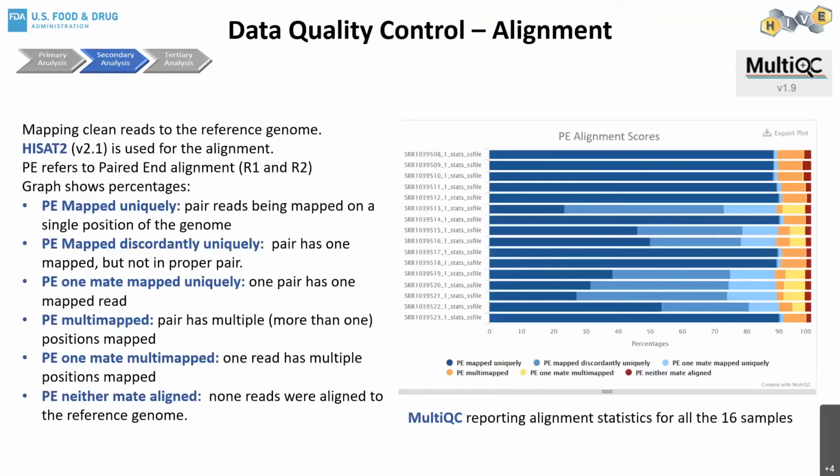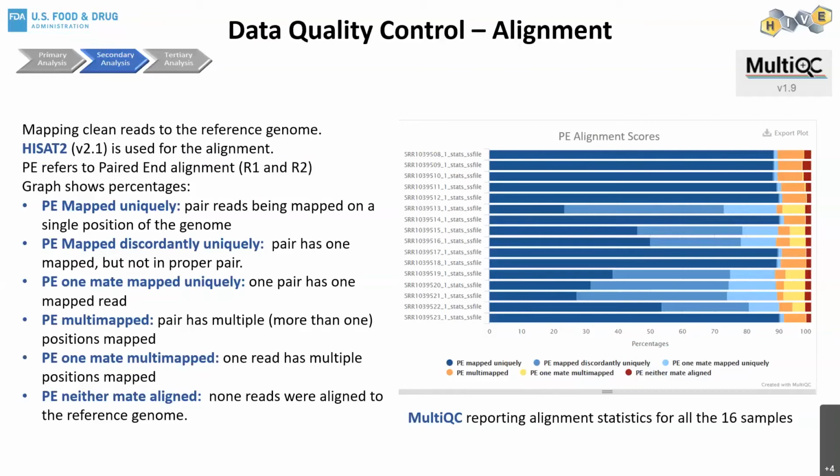During the alignment, we are trying to get clean reads aligned to the reference genome. HISAT2, again, is used for the alignment, and this graph shows you many different types of reads that got aligned. Pairs mapped uniquely are the ones we are looking for: paired reads mapped to a single position of the genome.